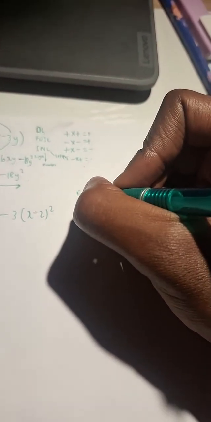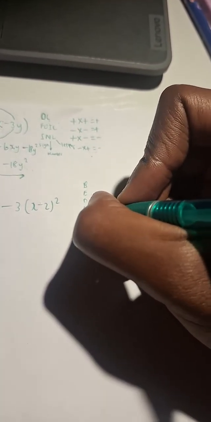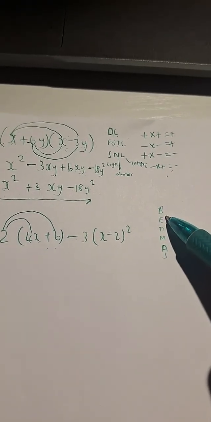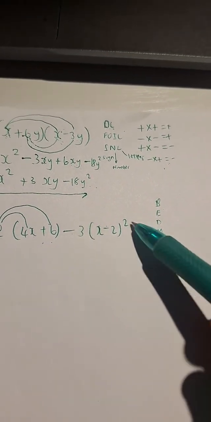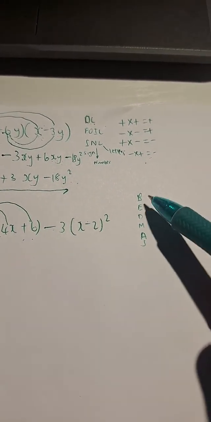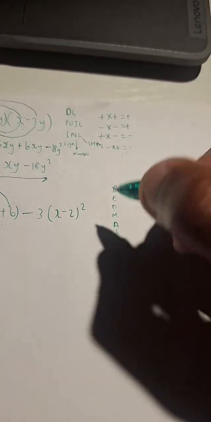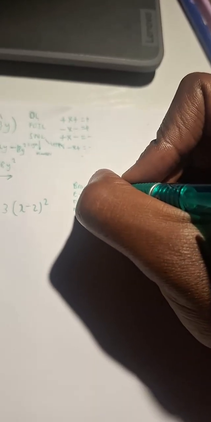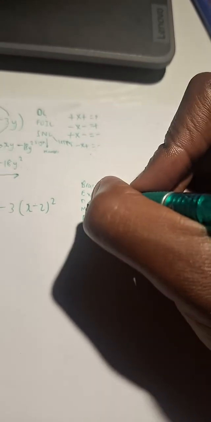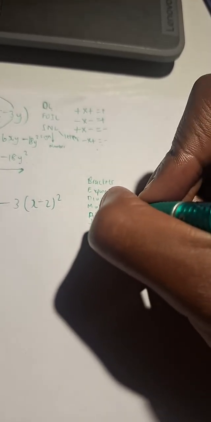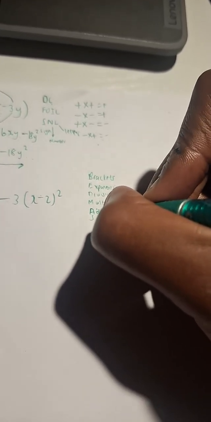Guys, there's this thing that we always make sure that we are applying called BEDMAS. Whenever we are seeing a relationship between brackets, B, exponents, E, division, D, multiplication, M, addition, A, subtraction, S.